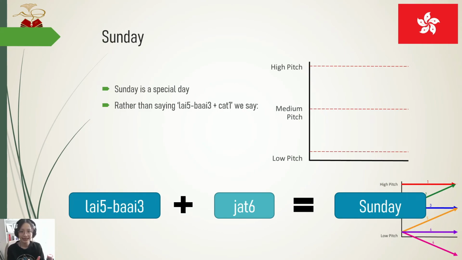This is crucial in Cantonese because if you mispronounce it, you can accidentally say Monday when you're trying to say Sunday, or if you're trying to say Monday, you might accidentally mean Sunday. So be careful of this one. Let's practice the tones a little bit now.